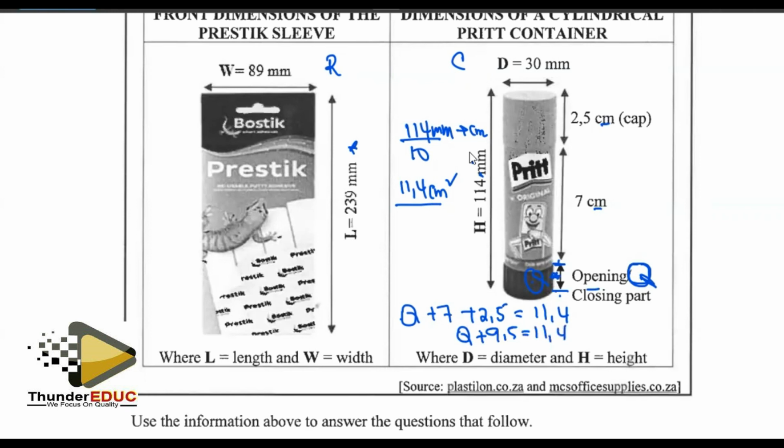But I'm looking for the Q. Which number do I add to 9,5 to get 11,4? So my Q now becomes 11,4 minus 9,5. I end up having my answer as 1,9.